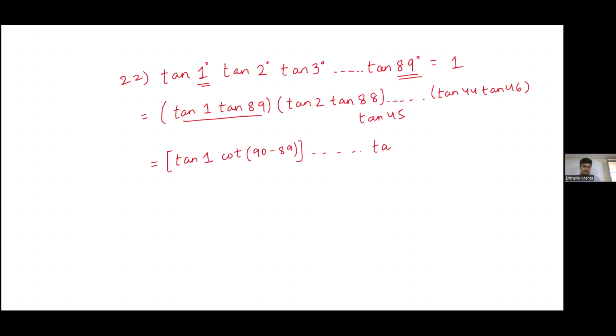Now Daksh, this is tan 1, this is cot 1. अच्छा, now we know that cot is reciprocal of tan. काम खत्म हो गया ना, ये कट हो रहा है. So basically answer of each pair is going to be 1, which means they are left only with tan 45. And what is tan 45? Even that is 1. Answer is 1.